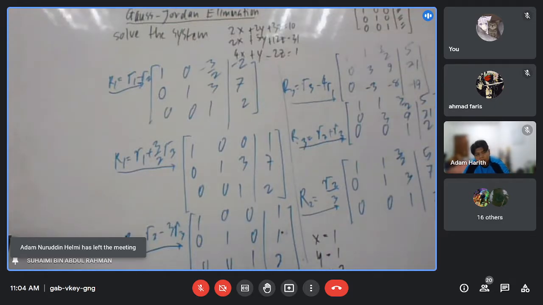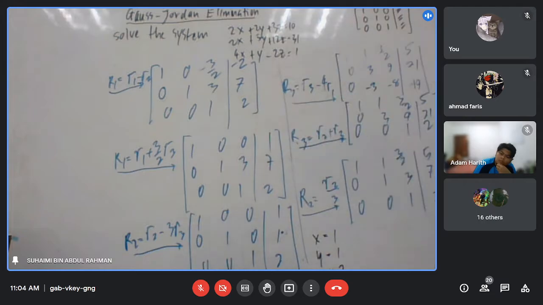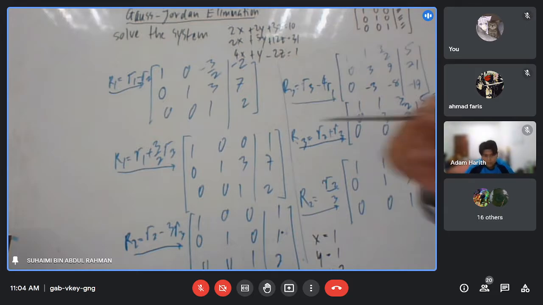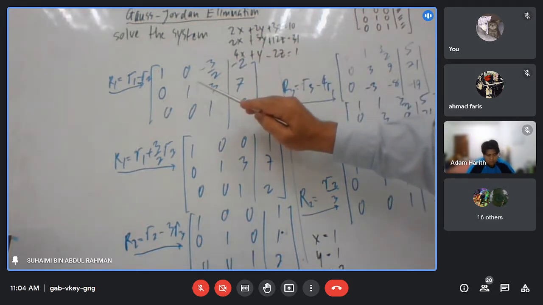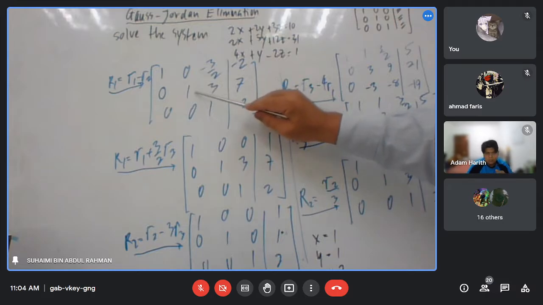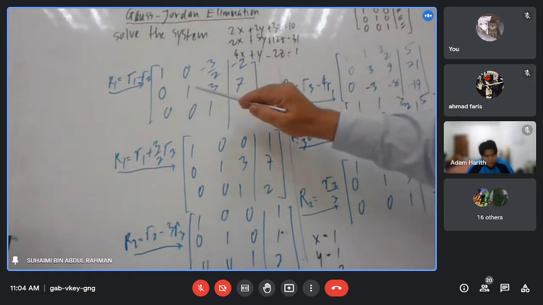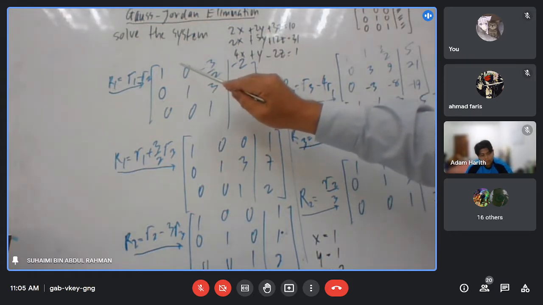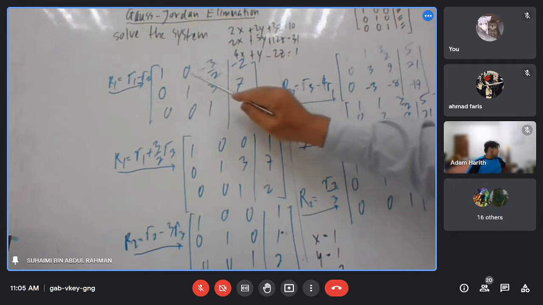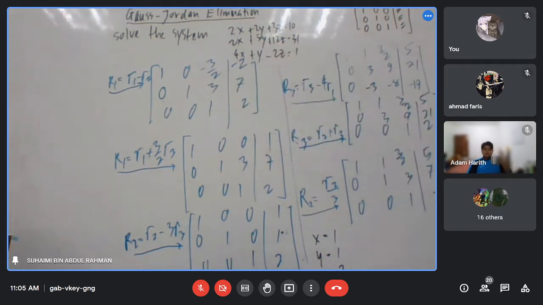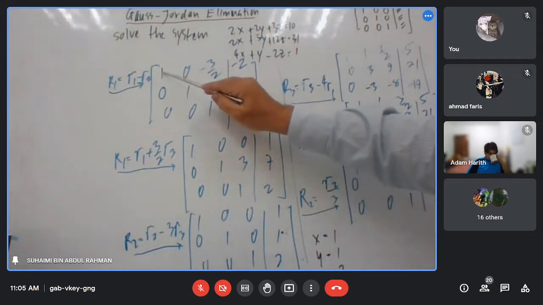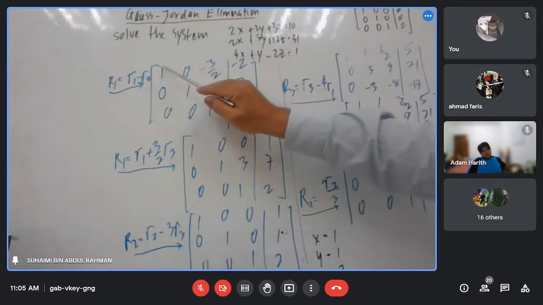Then we did a few elementary row operations, up until Gaussian, where those 3 values here we're supposed to make 0. So we make 0 using elementary row operations.